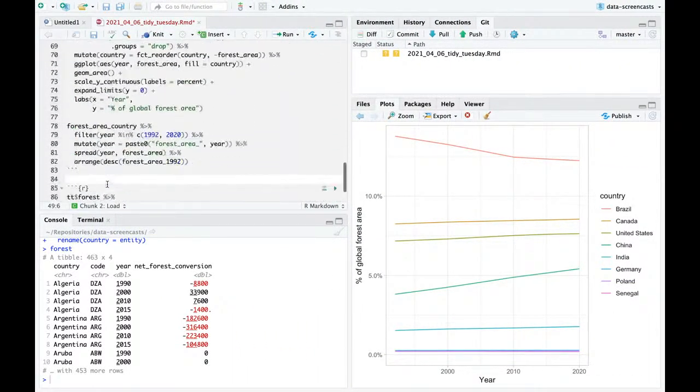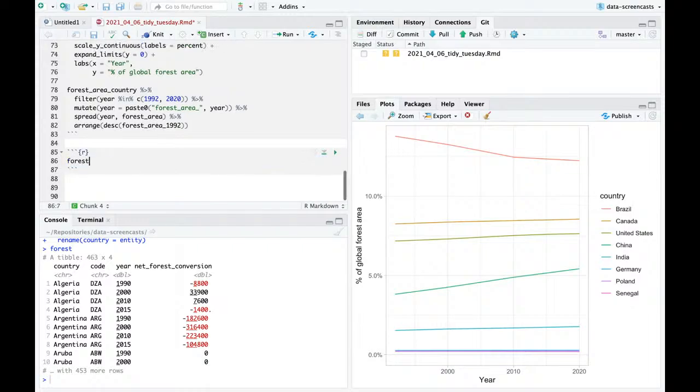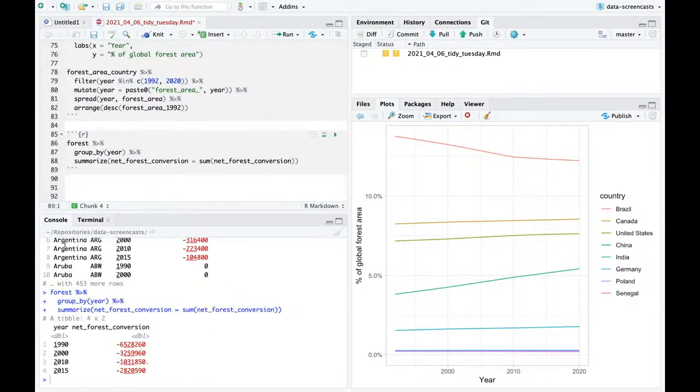I want to understand this forest data set, so I'm going to group by year, summarize net forest conversion. All right, yep. This shows that it could plausibly be, in 1990, 6.5 million hectares, in 2000, 3.2 million, in 2020, minus 1 million.